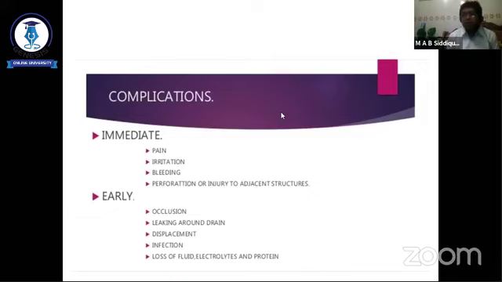The complications may be pain, irritation, bleeding, perforation, or injury to adjacent structures. Early complications may be occlusion, leaking around the drain, displacement, infection, and loss of fluid, electrolytes and protein.